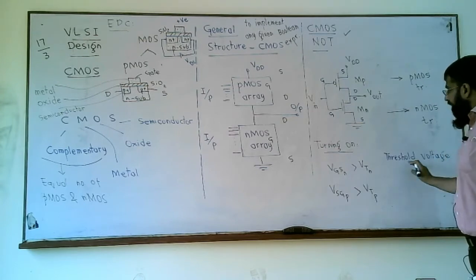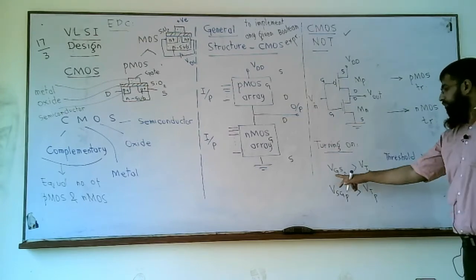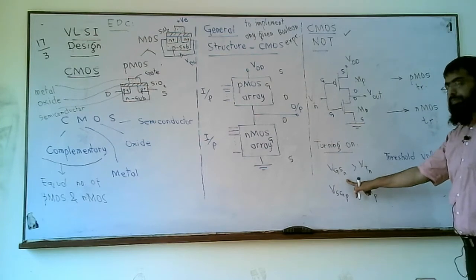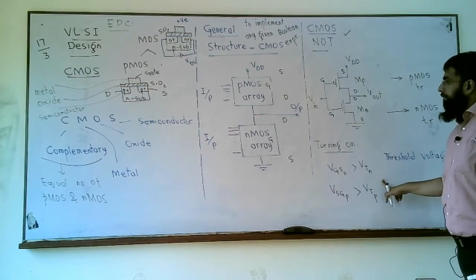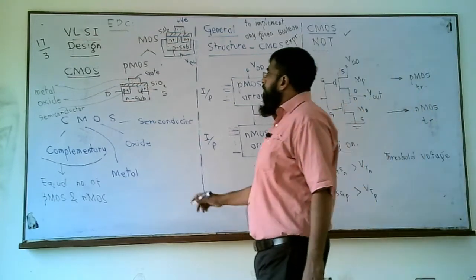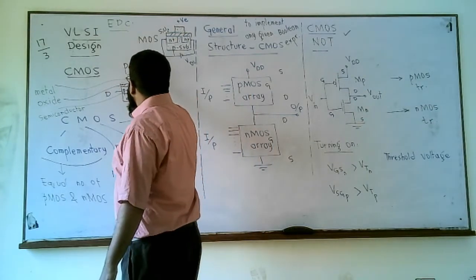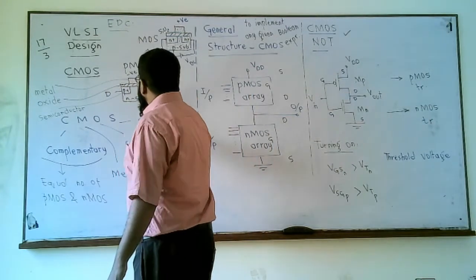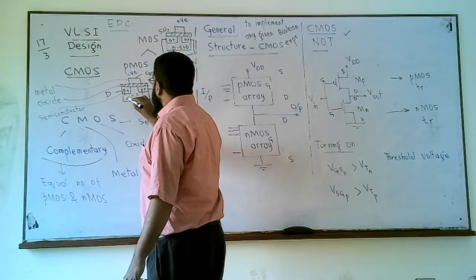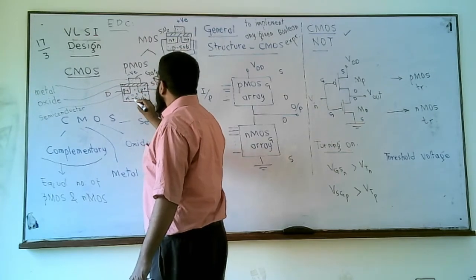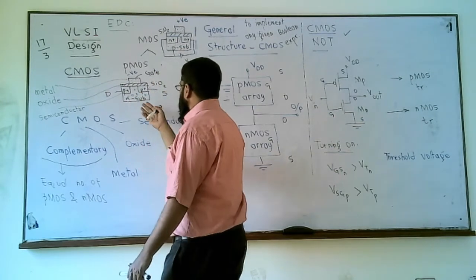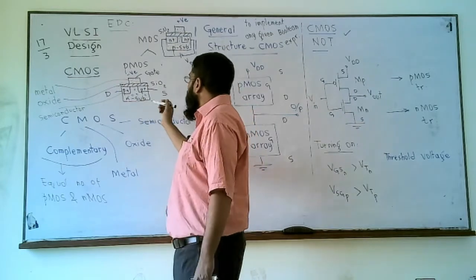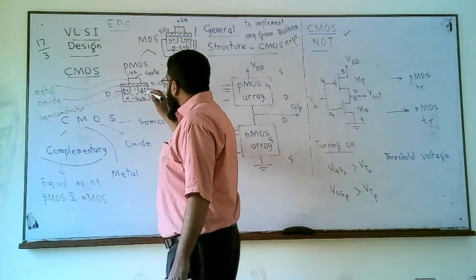This is the minimum voltage between gate and source of an nMOS transistor that sets up a current flow between drain and source. Similarly, for this pMOS transistor, we apply a negative voltage here, and minority carrier holes are in this n-type substrate, or in the n-well; we'll study the n-well in later lectures.